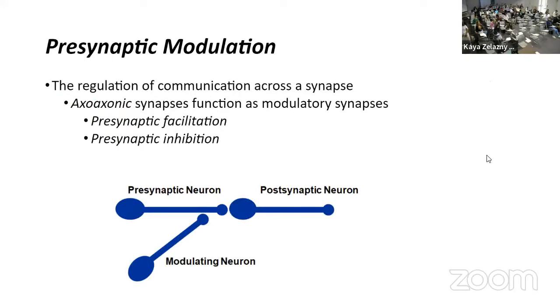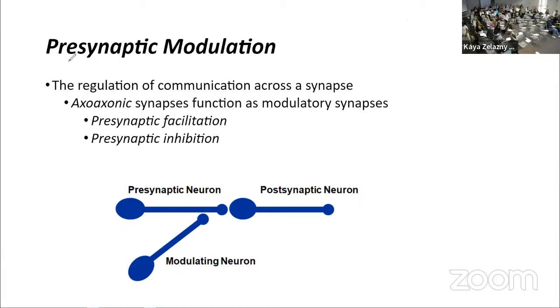But what I'd like us to think more closely about is modulation. Okay. It's probably going to carry us over, but what we can have happen is we can see a situation where we have a presynaptic neuron, a postsynaptic neuron. We have something almost like convergence happening here. What we can see is a third neuron.